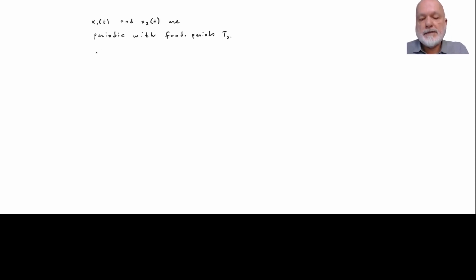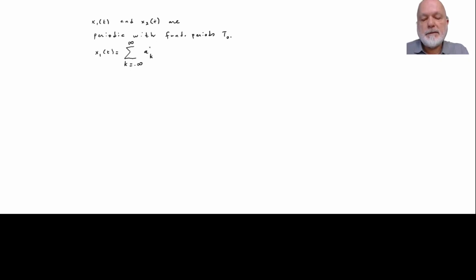Now, x1 of t and x2 of t therefore can be represented in terms of Fourier series expansions or representations, k from minus infinity to plus infinity, ak.